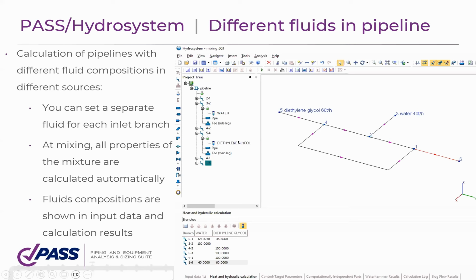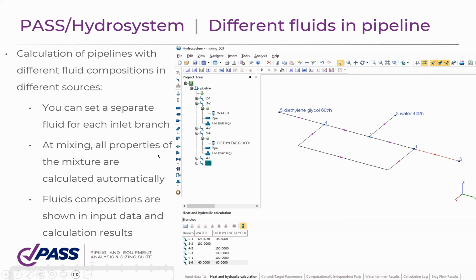Well, starting with version 4.6, HYDROSYSTEM is now capable of calculating pipelines with different fluid compositions in different sources. So for each of your inlet branches, you can set your own fluid with its own composition. And if you have some mixing of different compositions of different fluids, the program will automatically calculate compositions at mixing.